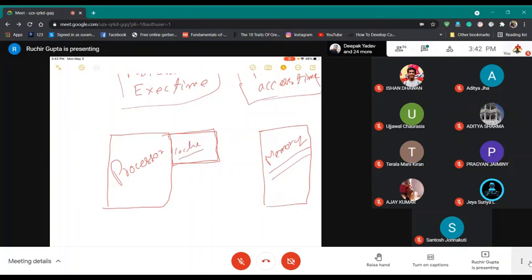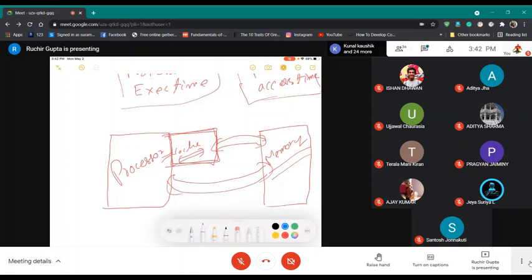So this cache is acting as the first source for the processor to fulfill its requirements, and eventually it takes data from memory and provides it to the processor. Many times the processor goes directly to memory as well. We'll discuss all that. But this small part makes things quite fast.